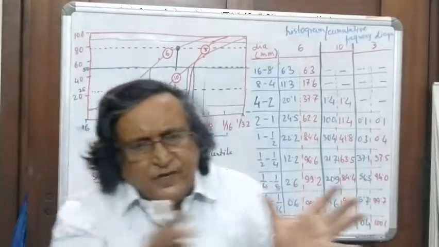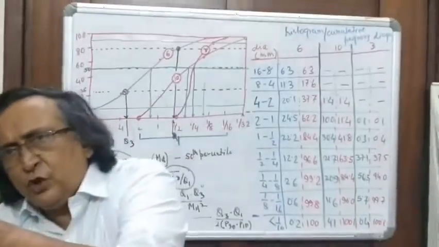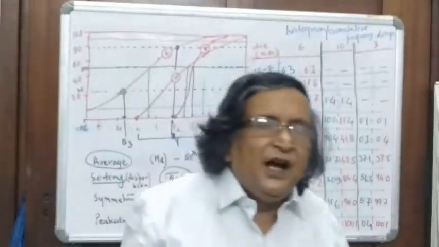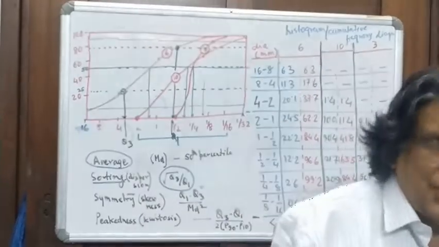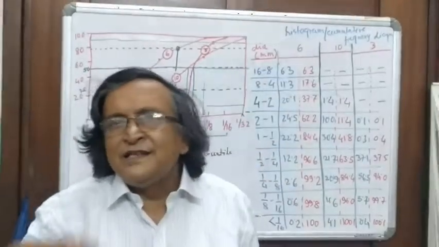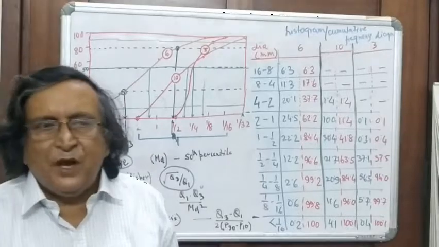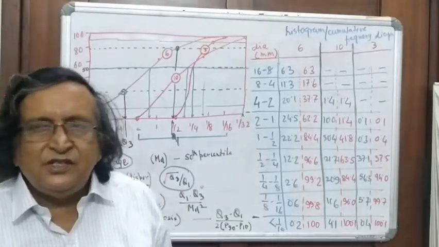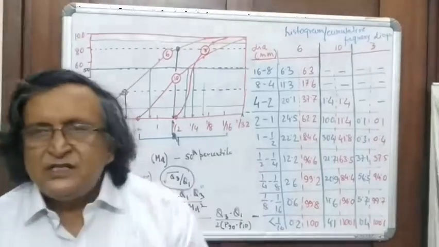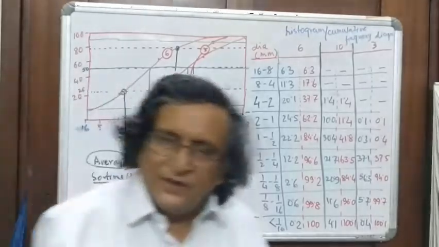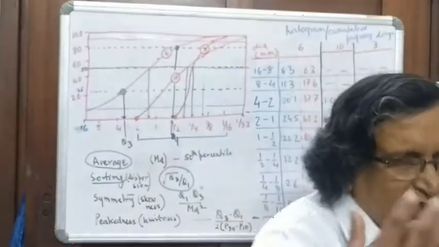Then, of course, the settling velocity does not do much because all the sizes are the same. R is the same, and if they belong to the same mineral, then the density is the same, so everything is the same. It just simply sorts it out. Right? And so that is what is happening.